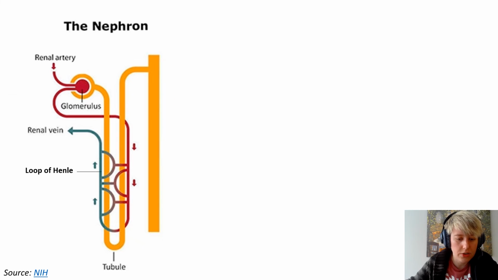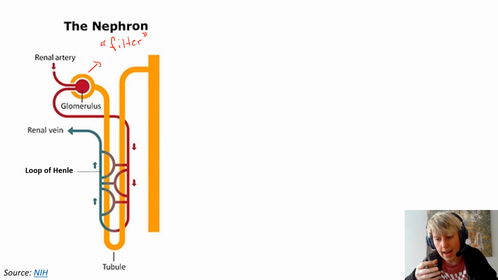So if we're looking at our zoom in of our nephron, we have our renal artery, and then we have this structure right here called the glomerulus, and the glomerulus is our quote-unquote filter. And the reason why I call it the quote-unquote filter is because it acts as a sieve separating particles that can leave the blood and go into urine and particles that need to stay in the blood.